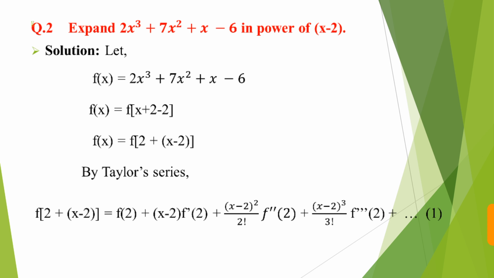Next, now we will see the next example based on deduction of Taylor's series. Example: expand 2x cube plus 7x square plus x minus 6 in powers of x minus 2. Here in this example we can consider f of x is equal to 2x cube plus 7x square plus x minus 6.